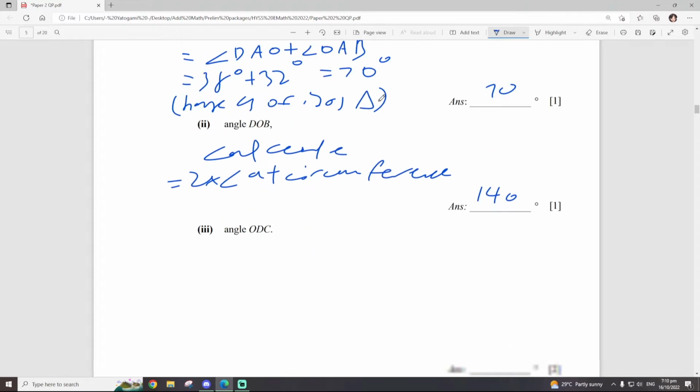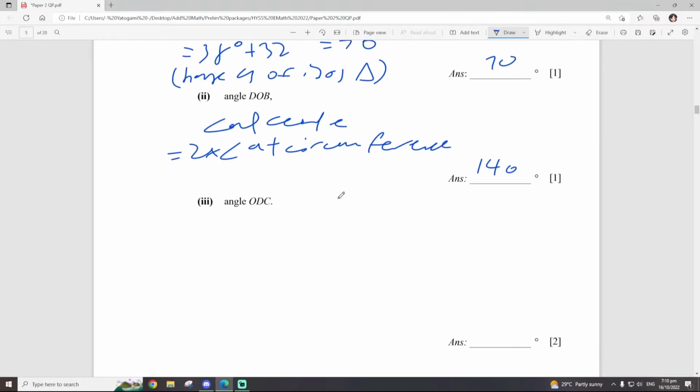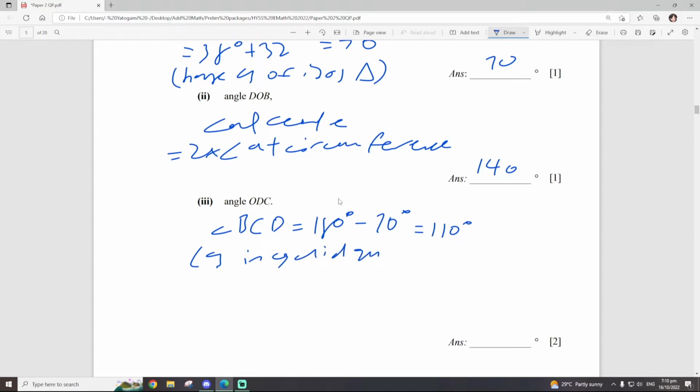And what is angle ODC? Angle BCD equals 180 degrees minus 70 degrees equals 110 degrees because cyclic quadrilateral, right? Actually no, I should say angles in opposite segments are supplementary. I think that's what it was called.